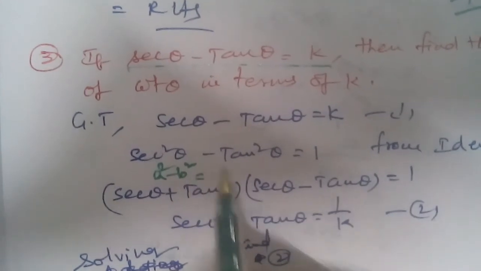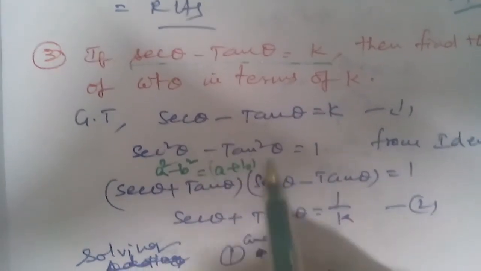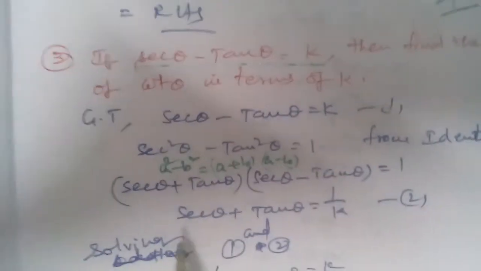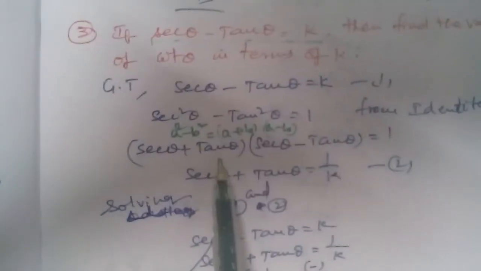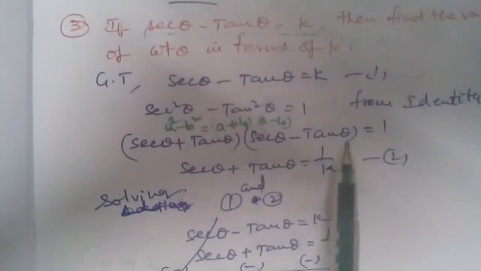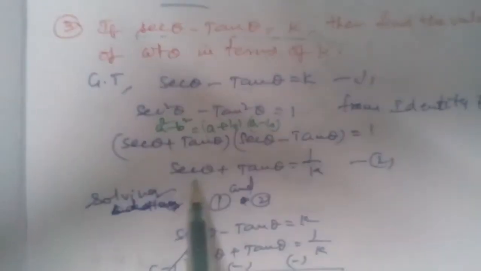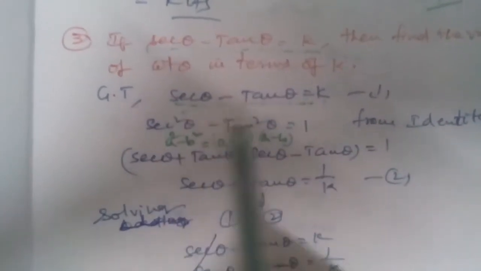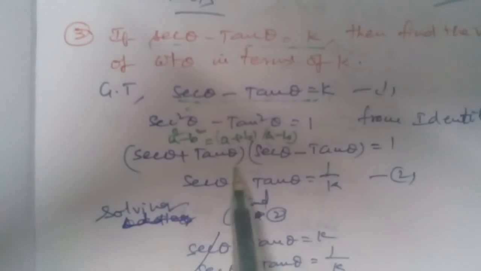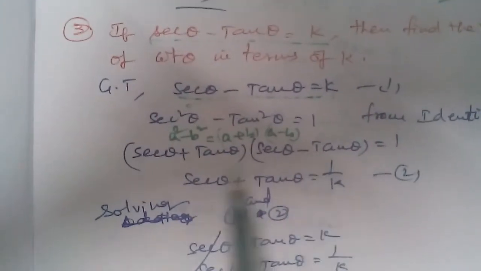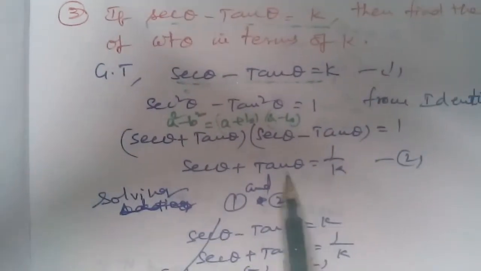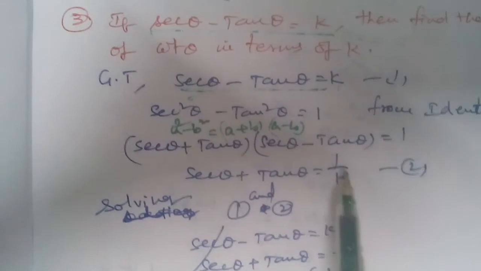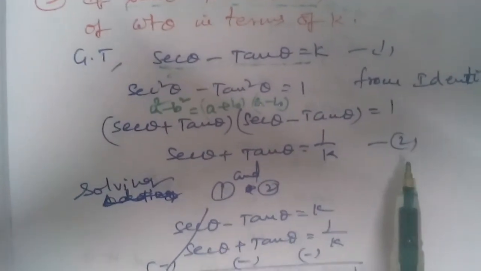We can write a plus b, a minus b. So secant theta plus tan theta into secant theta minus tan theta is equal to 1. We are substituting the given value k, and we'll get secant theta plus tan theta is equal to 1 by k, which is equation 2.